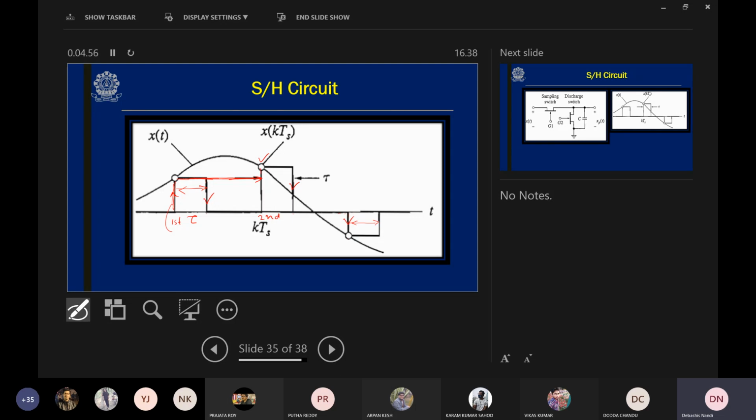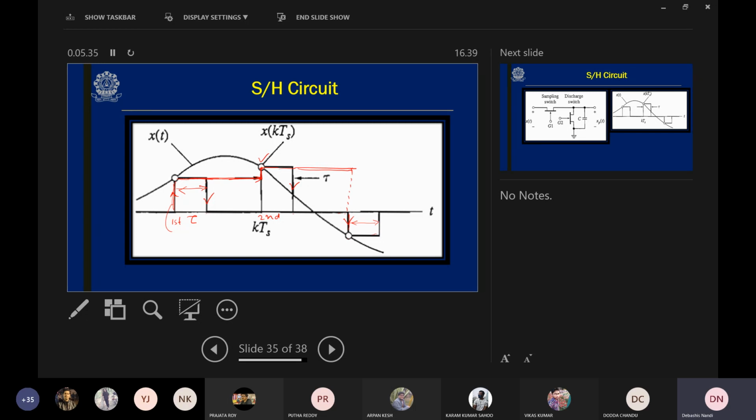Then again the signal will take the sample value at this point, and again continue to stay up to this time. You can do this also. In different books, different patterns are there. It depends on the clock pulses we are applying at the input of the sample and hold circuit.